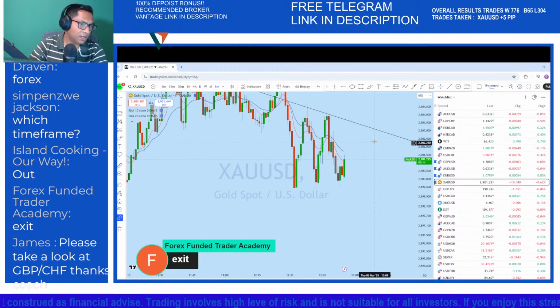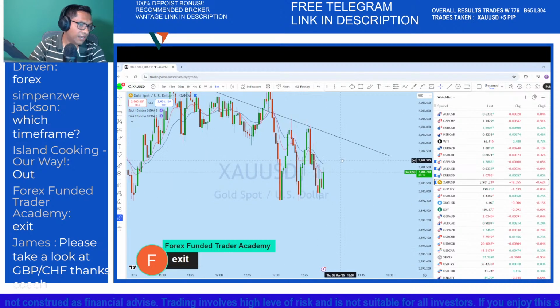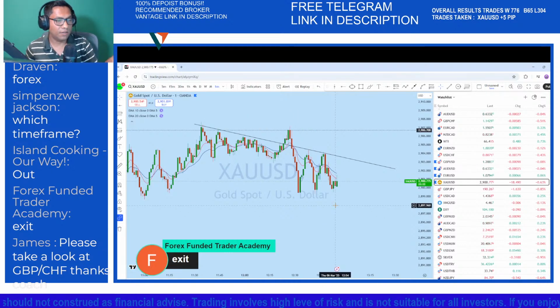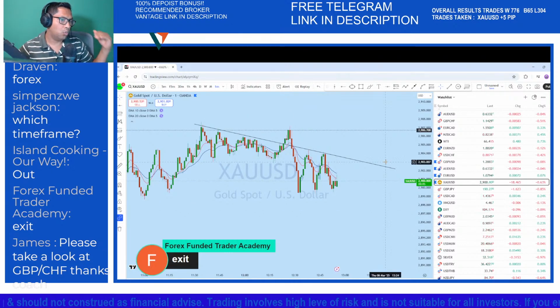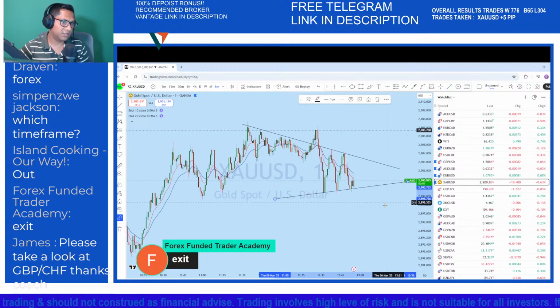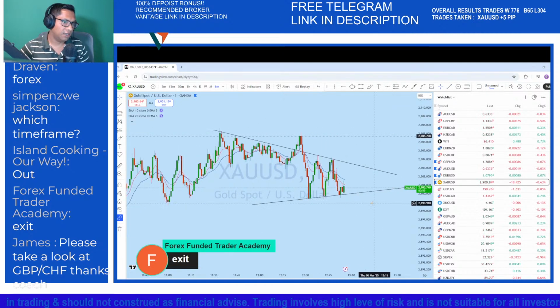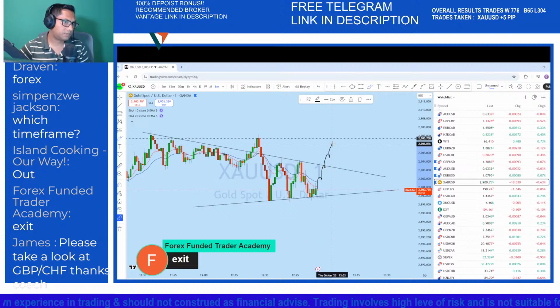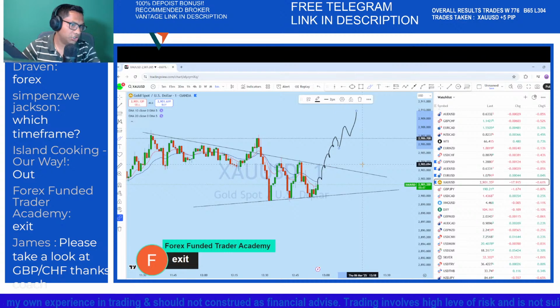A complete bullish engulfer is forming on XAUSD, and with that bullish engulfer formation, what we can expect here is for the market from this support to potentially bounce, and then after this bounce, the market to potentially trend here, okay, and then pull back, then potentially break out.